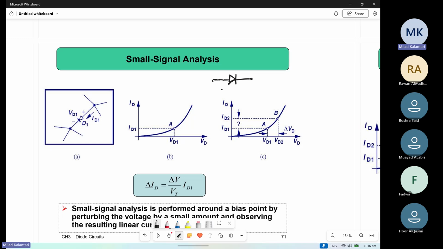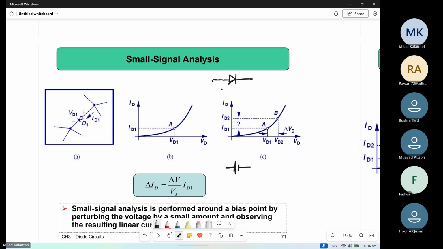But once the diode is on, it depends on how much it is on. The first assumption was we just model it with a voltage source. Is that enough? It's enough for some cases, but sometimes you want to be even more accurate.